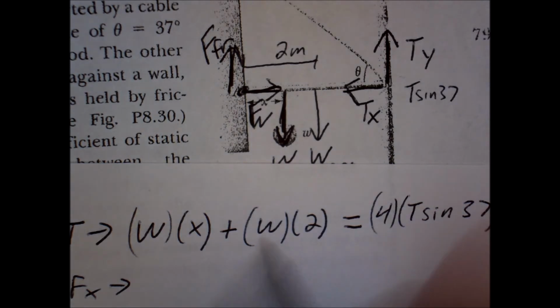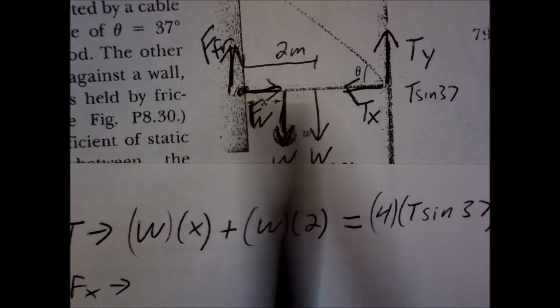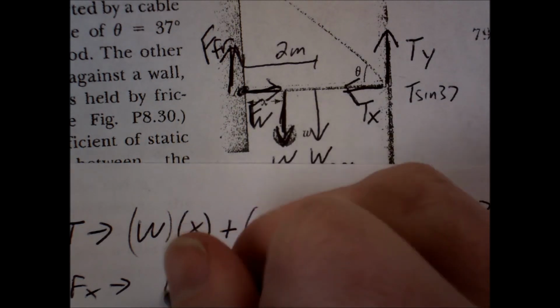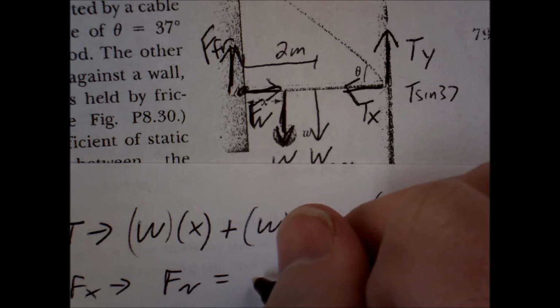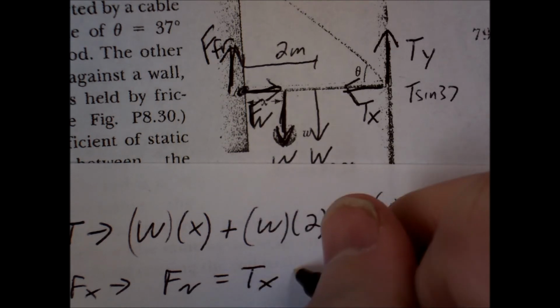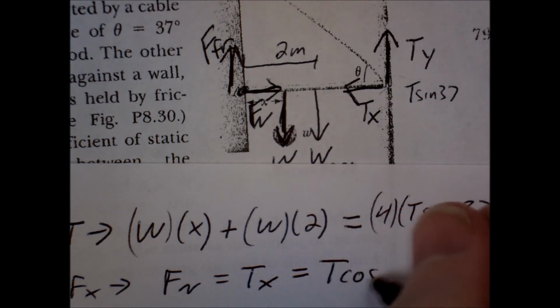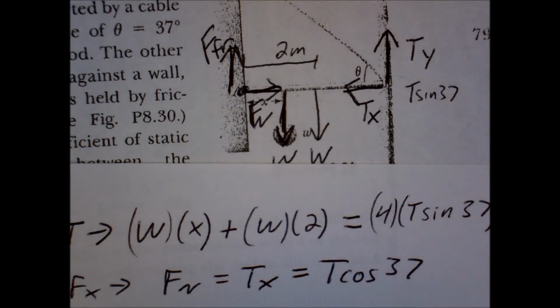For our sum of Fx, we have our normal force and our Tx. So we can just say Fn equals Tx. And what is Tx? Let's just get the number for this. What's cosine 37? 0.8, right? 0.8 T.